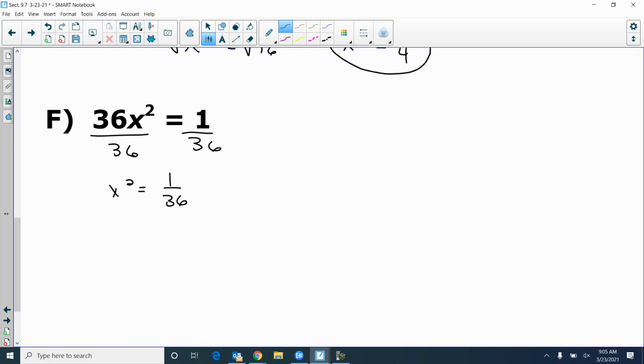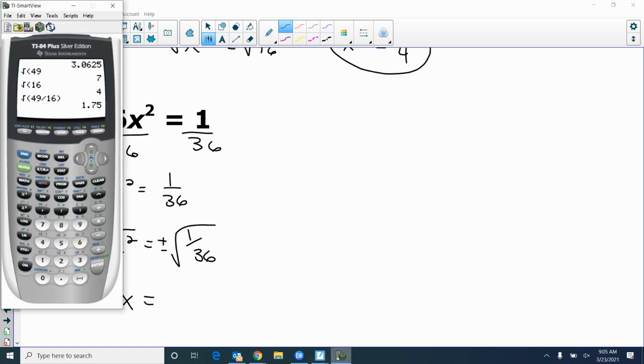Now, take the square root. What's the square root of 1? It is 1. What's the square root of 36? 6.